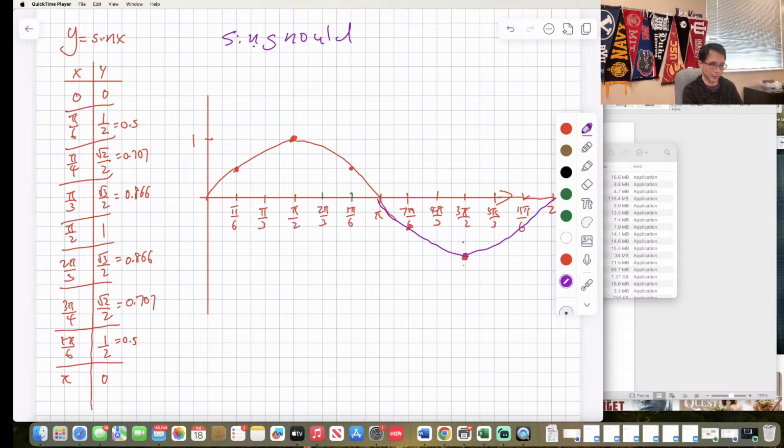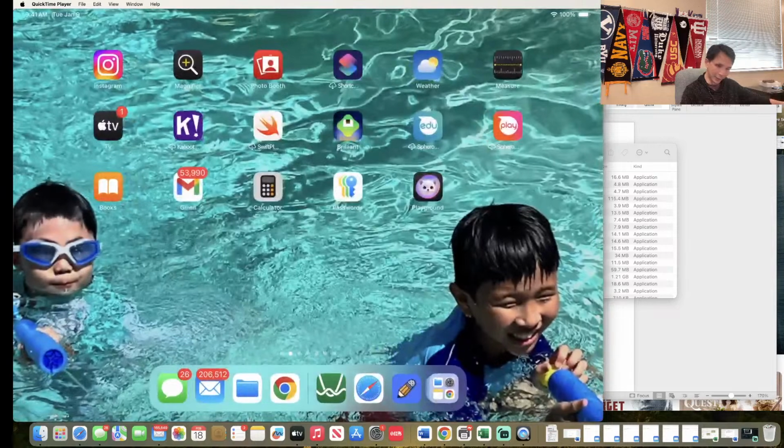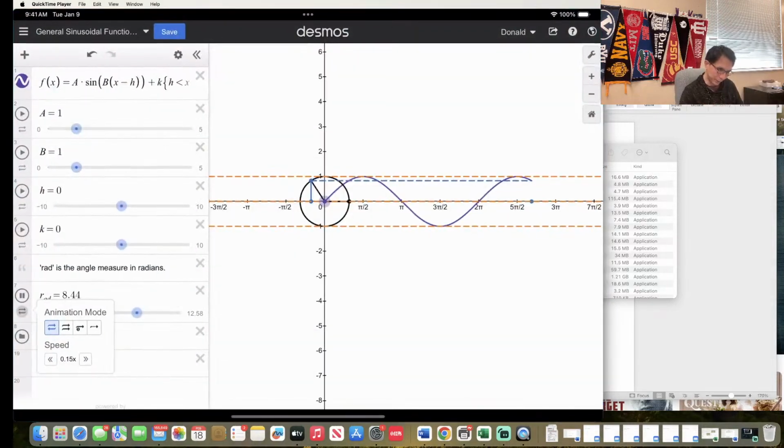Let me look it up. Not sigmoid, but anyway, this is how to spell it here. So this is the graph that we come up with.